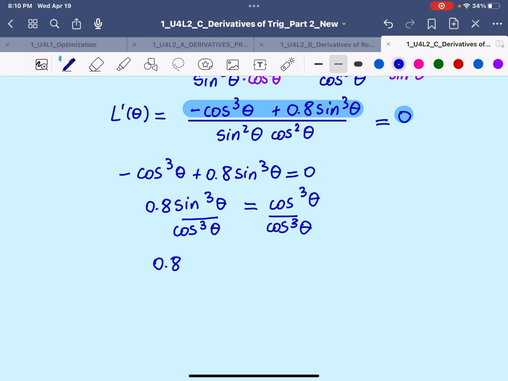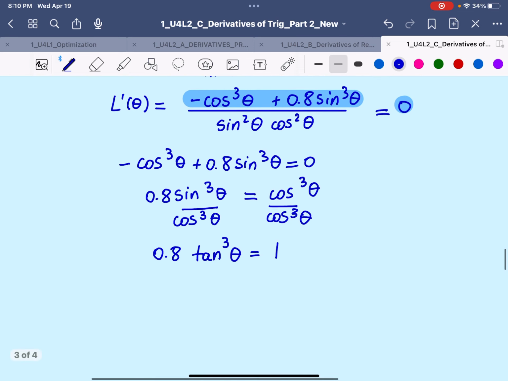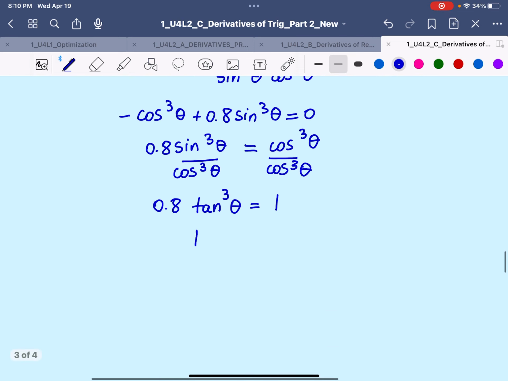So the left side now will become 0.8 tan cubed theta equals 1. That will make tan cubed theta equal to 1 divided by 0.8, or should we say 10 over 8, and even better, 5 over 4?